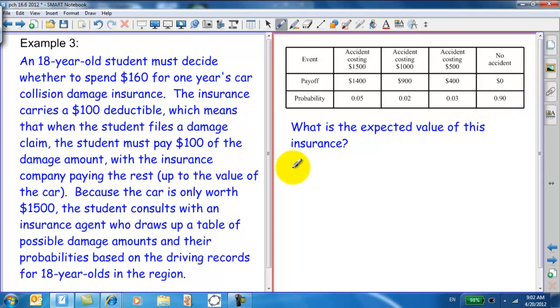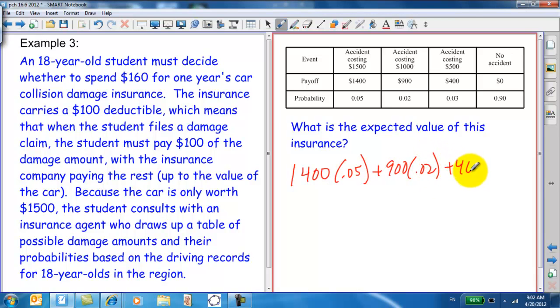So for 1 year, we take 1,400 times its probability, 0.05, plus 900 times 0.02, plus 400 times 0.03, plus 0 times 0.9. We don't really have to do that part. So let's take a look at 1,400 times 0.05 plus 900 times 0.02 plus 400 times 0.03, and I'm getting $100.